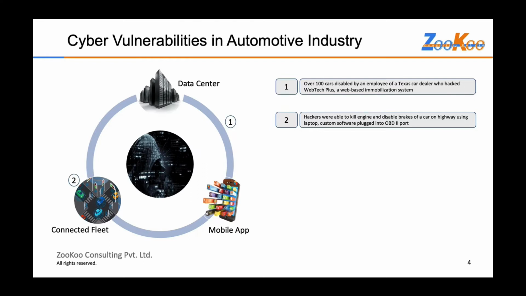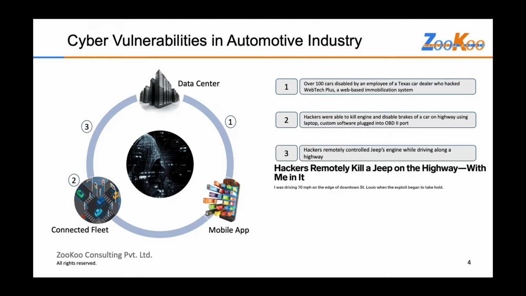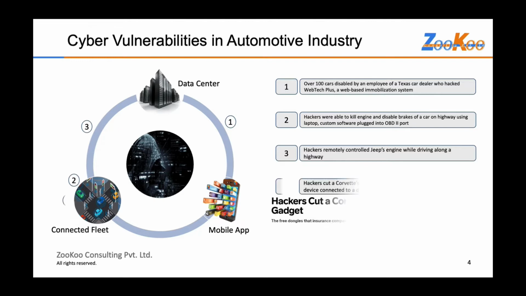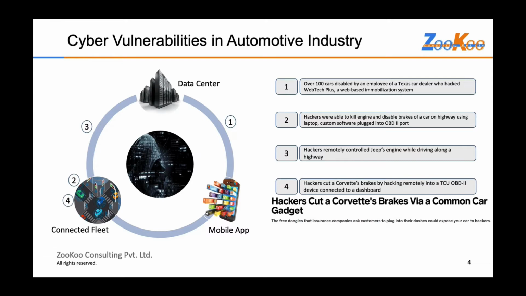They were able to kill the engine and falsify the speedometer. Another example: a hacker remotely killed a Jeep. We also have a hacker who cut a Corvette's brakes by hacking remotely into TCOBD. So this was also great news and very popular.